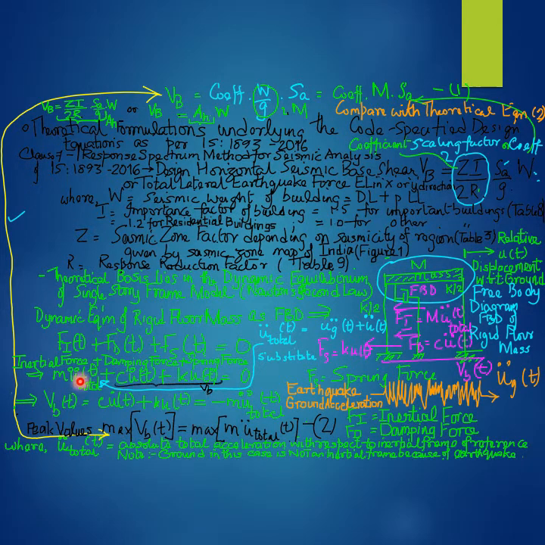Well, after completing the derivation of the dynamic equilibrium equation of the rigid floor mass considered as free body, we can rearrange the terms, noting that the second two terms, that is the sum of the dynamic damping force and the dynamic spring force, together constitute the base shear.